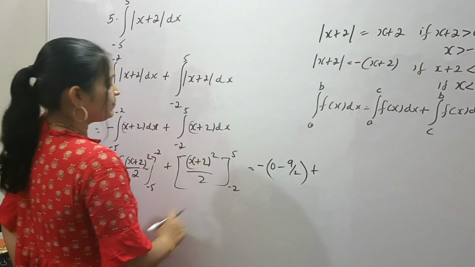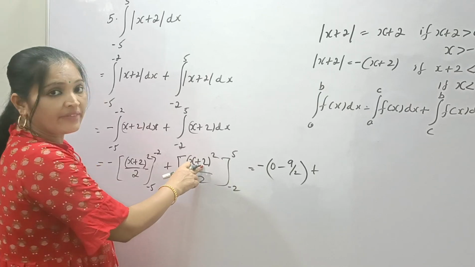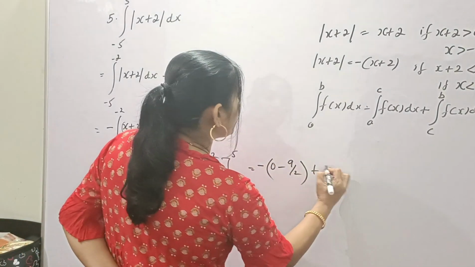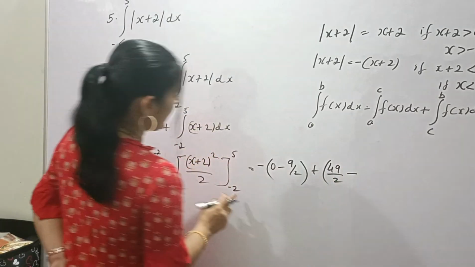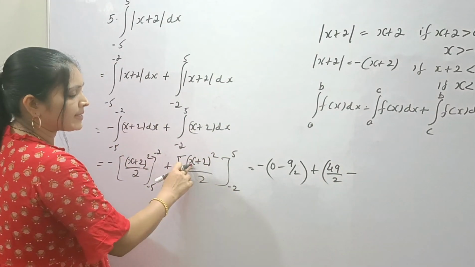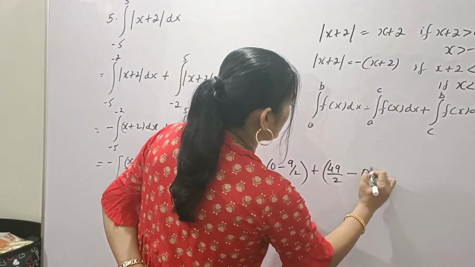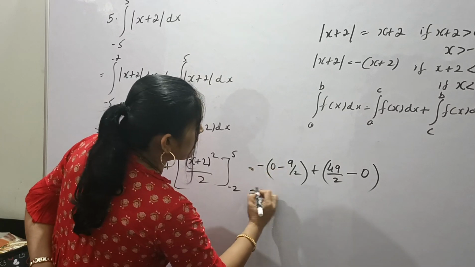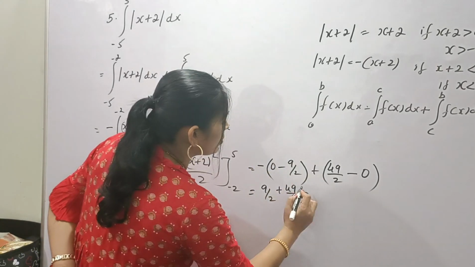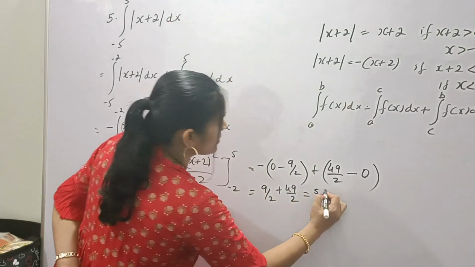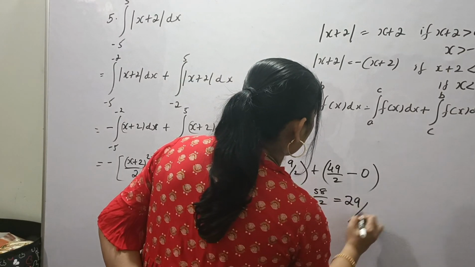Plus here, put x equal to 5: 5 plus 2 is 7, 7 square is 49, so 49 by 2, minus, putting the lower limit x equal to minus 2, it will be 0. So minus into minus is plus, 9 by 2 plus 49 by 2, which is 58 divided by 2, that is 29.